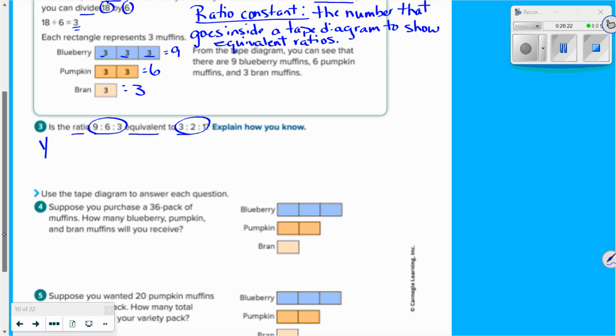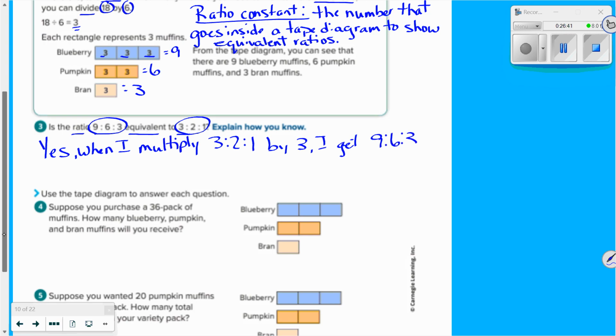Let's multiply 2, 1 by 3. I get the definition. As long as a constant number goes between those ratios, they are equivalent.